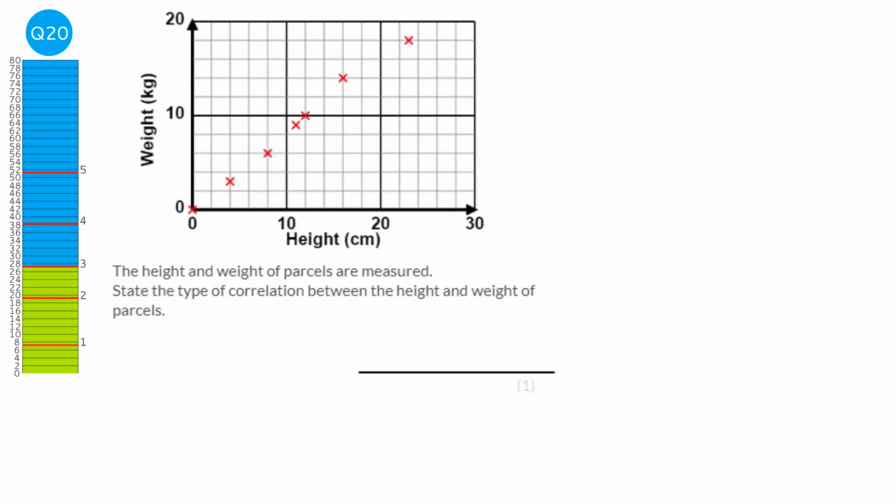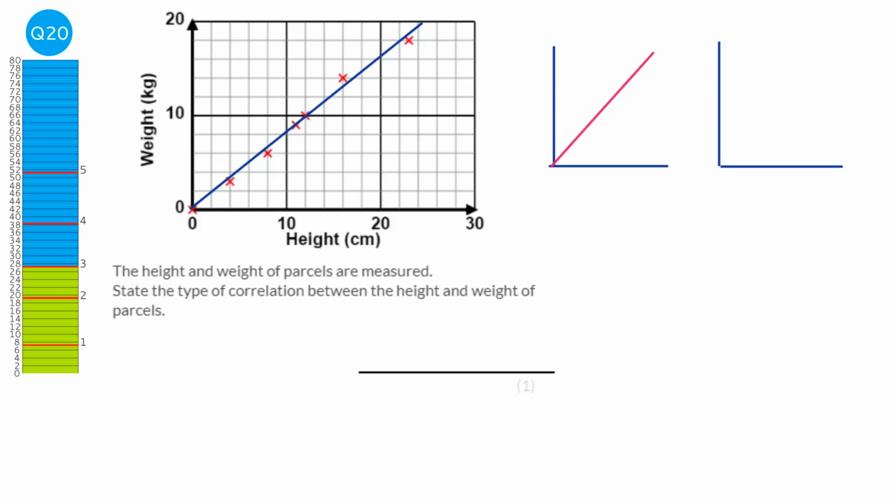So we can quickly draw a line of best fit for here. And it looks something like that. And if our line of best fit is increasing, like we have here, then we say the data is positive. If, however, the line of best fit is decreasing and looks like this, we say that it's a negative correlation.